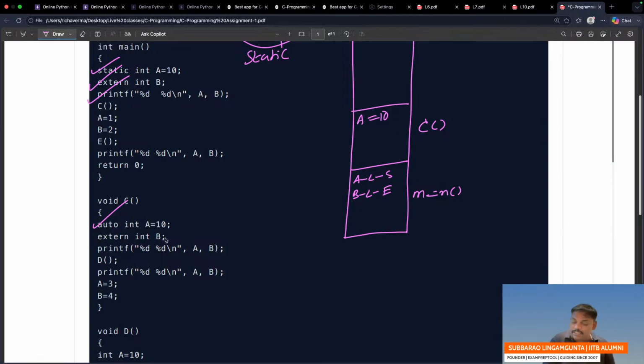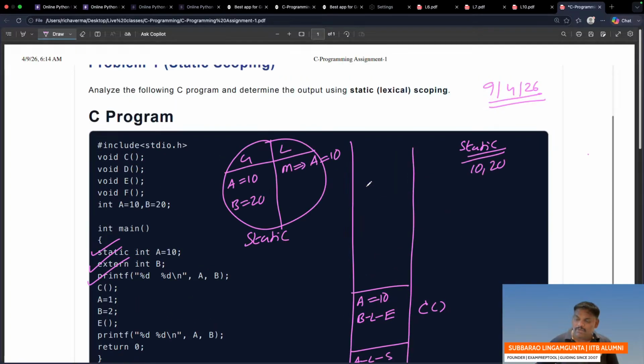And one more, extern int B. B is local, but it is an external variable, meaning global variable. It is there in the global area. Next, print A B. A 10 will be printed, B 20. So 10, 20 will be printed. This also completed.